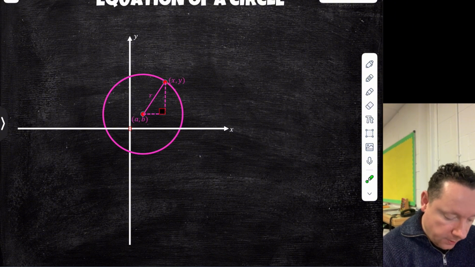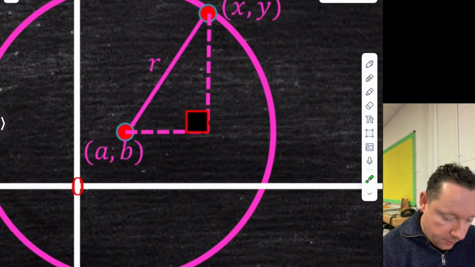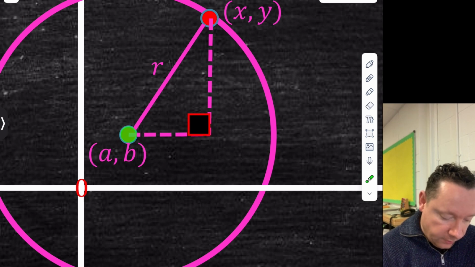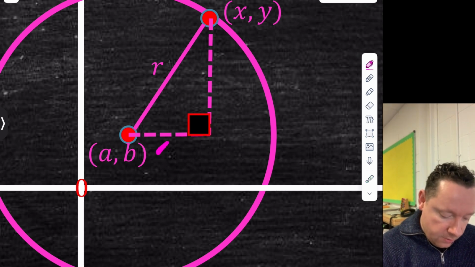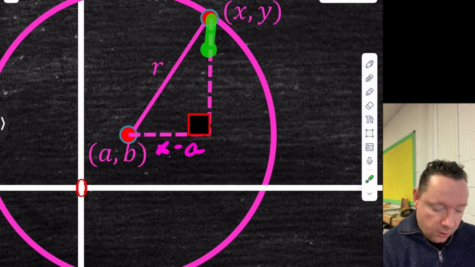Well, you should be able to see, I'll zoom this in, that the distance between here and here is just x minus a, the difference in the x parts. So I could write x minus a for down here, and the distance going vertically is just y minus b.